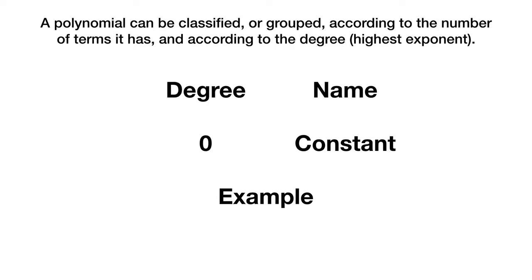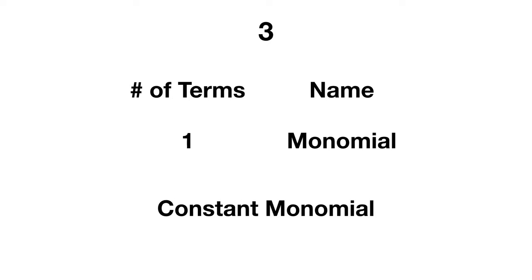So if, for instance, we had 3x to the 0, that would just become 3. So now that we have 3, let's look at how many terms we have. There's only one term, because that's all you can have with a constant, and its name is a monomial. So because we have a constant that is only one term, that is a constant monomial.